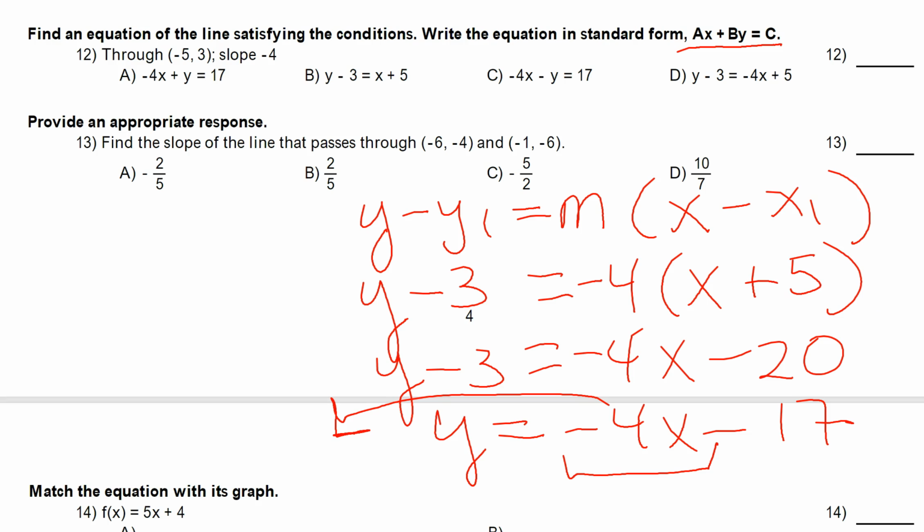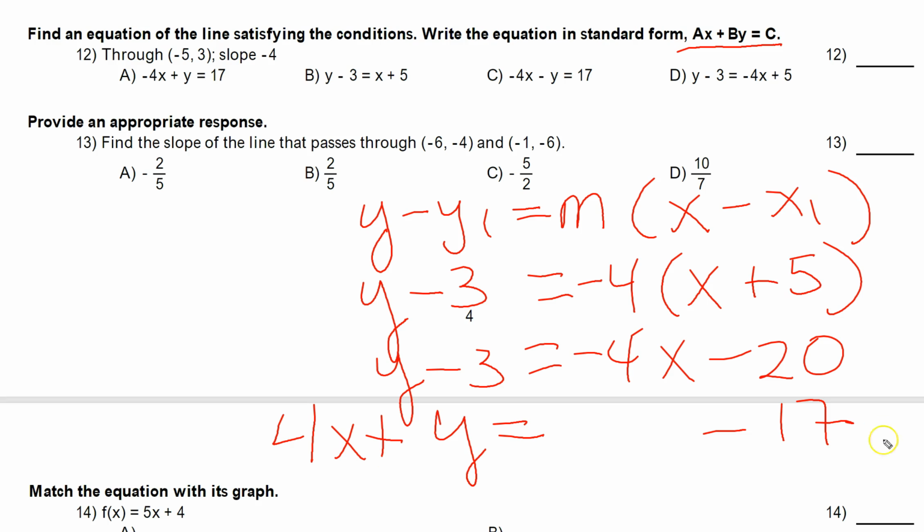Let me just bring that over there so we could save a little space here. And there we have it in standard form. So we just have to match it up here.